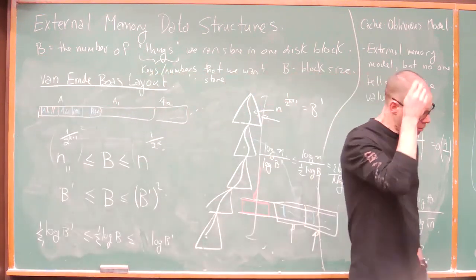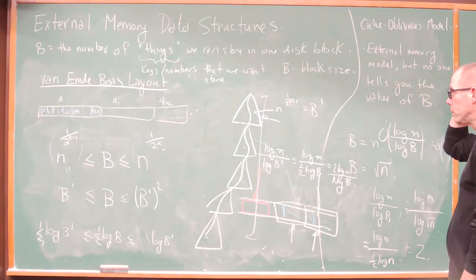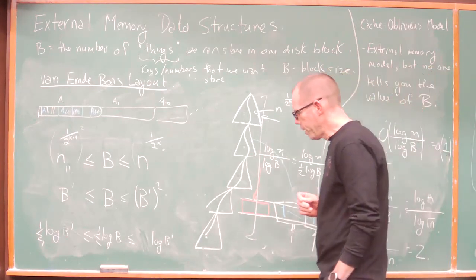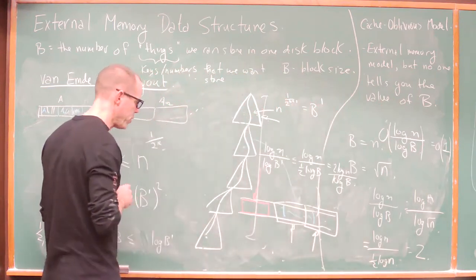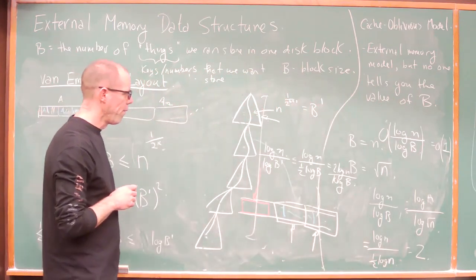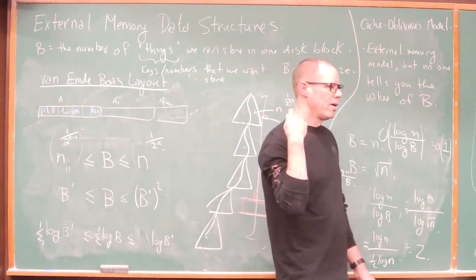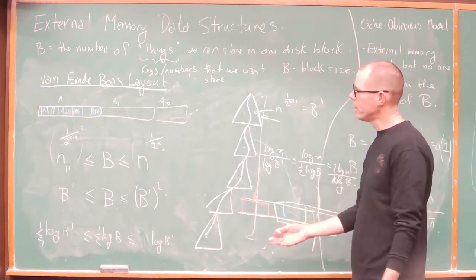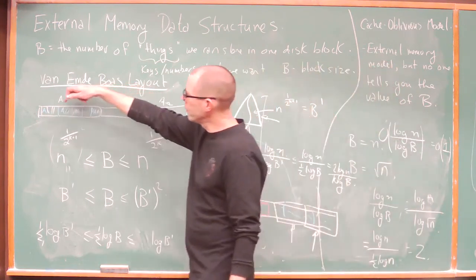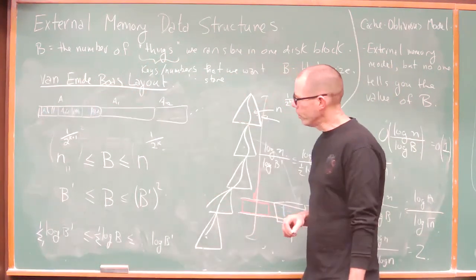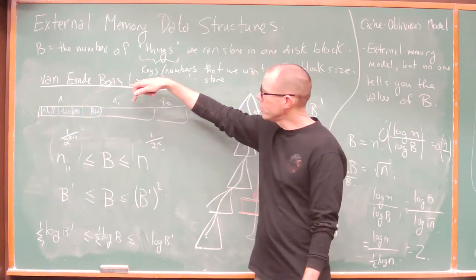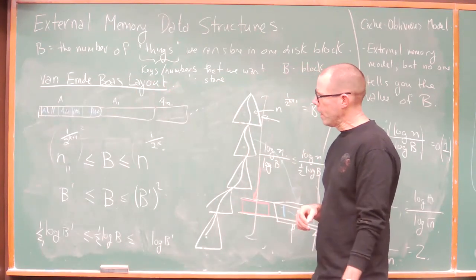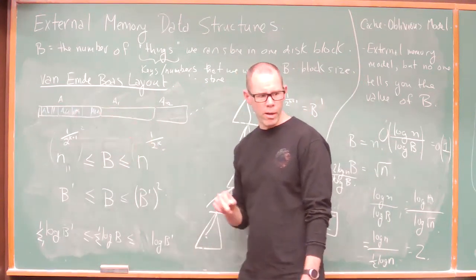Why is it called the Van Emde Boas layout? Maybe it starts to look a little bit familiar now. Remember the Van Emde Boas structure had a top layer of size square root of the size of the universe, kind of like this does. Attached to it were just as many structures, all of the same size. And how did you navigate the top layer?